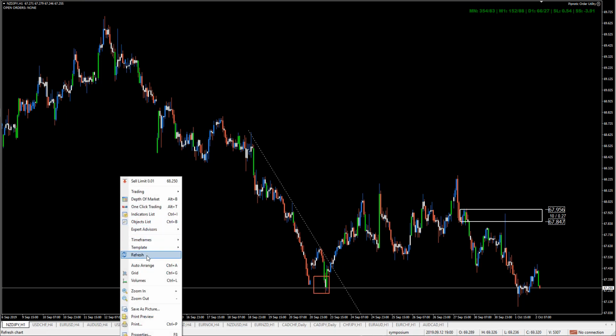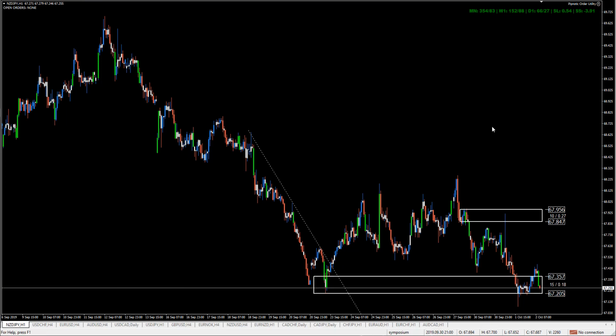No, it doesn't, because we want to see much more important information in order to make this decision. First of all, we had this area here. It was tested once and twice, and then price finally moved through it. You need to see opposing areas of supply and demand being consumed combined with market structure failing.